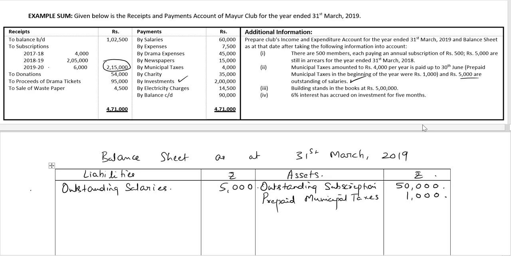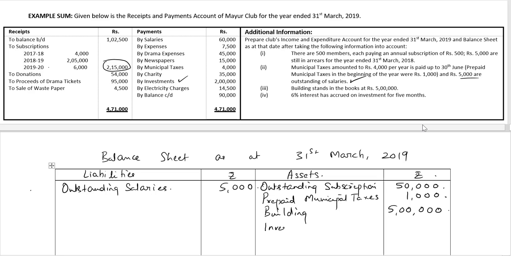Building stands in the book at rupees 5 lakh. There is no purchase or sale of building, so the amount remains the same at the end of the year. Building 5 lakh rupees. The fourth point is the 6% interest that is accrued on investment. We understood that it was 5000 rupees.